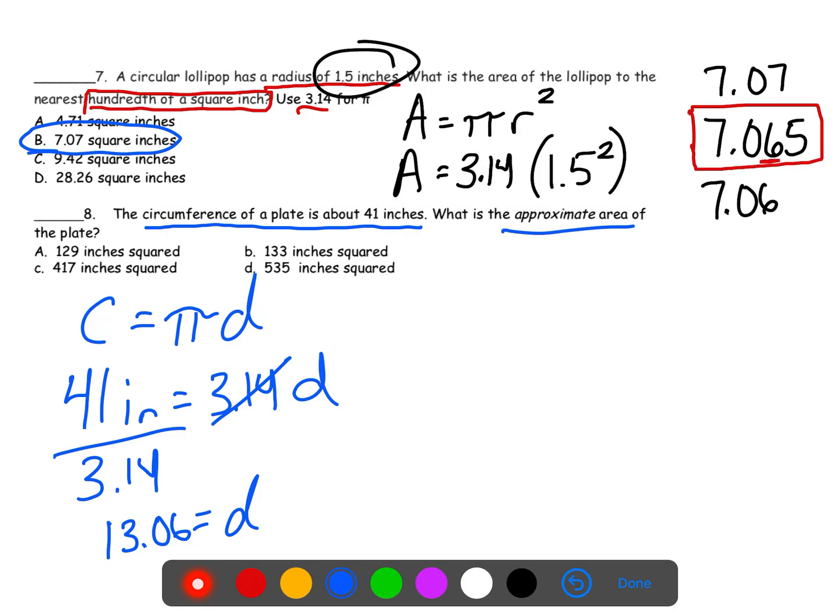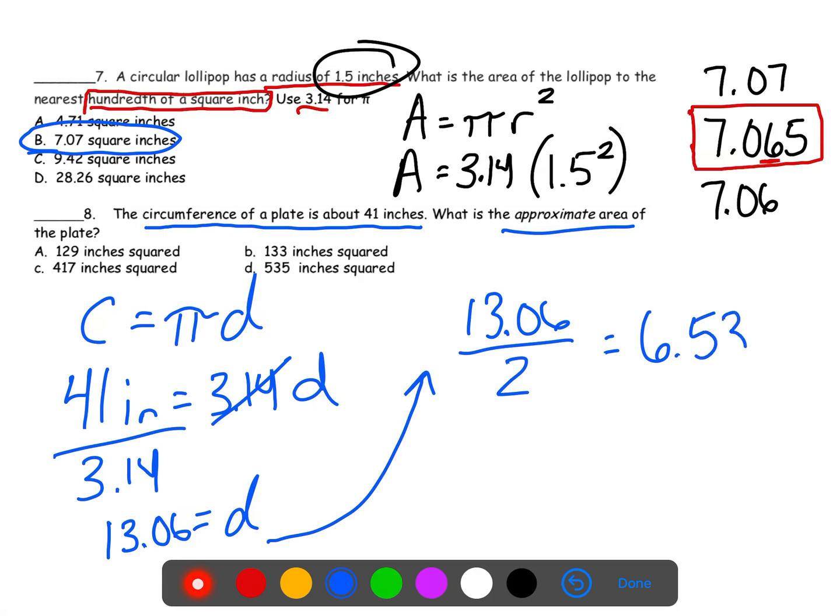All right, so I have the diameter of the circle. I need the radius. Remember, the radius is half of the diameter. So let's take our diameter of 13.06 and get half of it so that we have the radius, 6.53 inches.